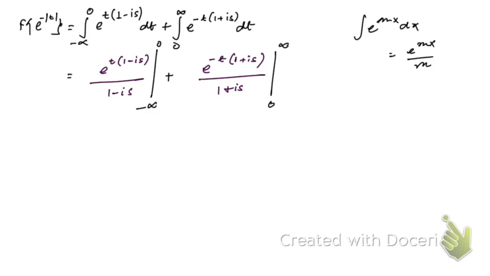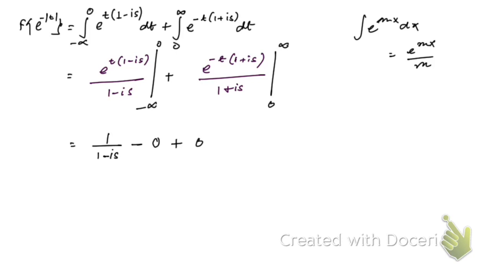And if that is the case, what we can write, if you put here 0, then e to the power 0, that's going to be 1. So 1 by 1 minus is, then minus, then if you put this minus infinity here, then it's going to be e to the power minus infinity, which is going to be 0. So 0, then plus. Now let's put here infinity, that's going to be e to the power minus infinity, which is going to be 0.